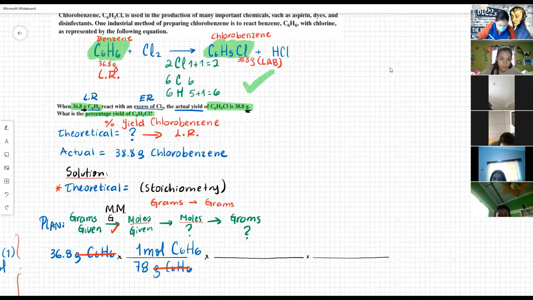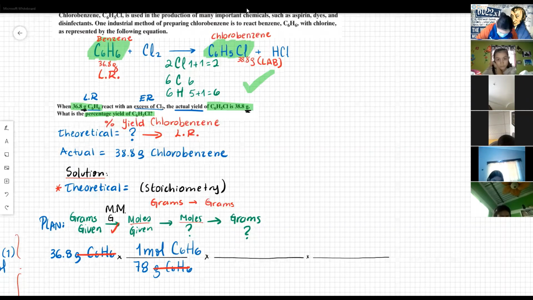Benzene and chlorobenzene. So you need to write the molar ratio that relates the coefficients. Because they are invisible, you know there is an invisible 1 on each side, so in the end you're going to have 1 mole over 1 mole.